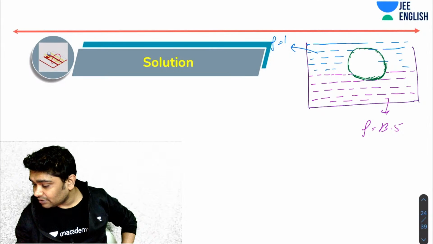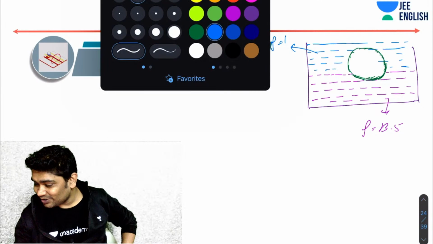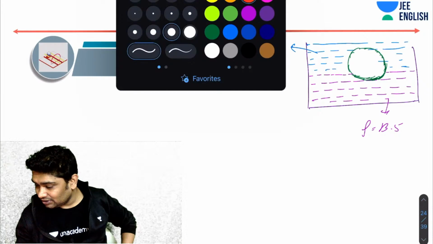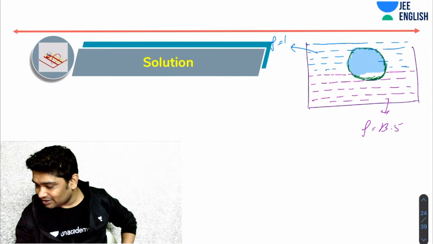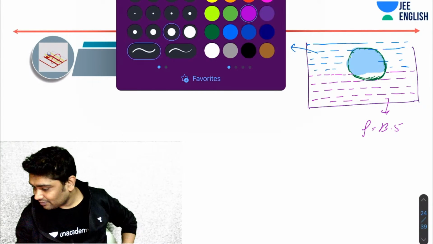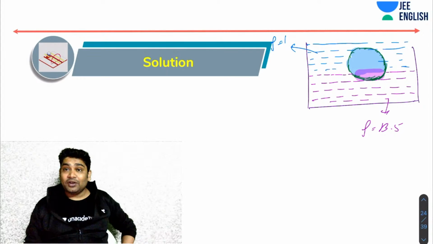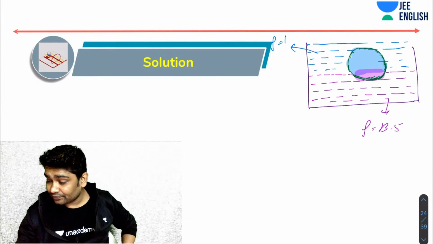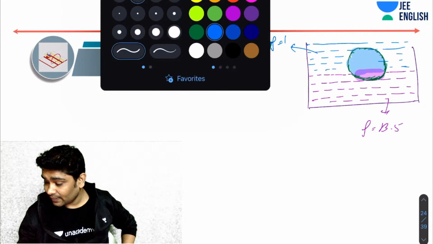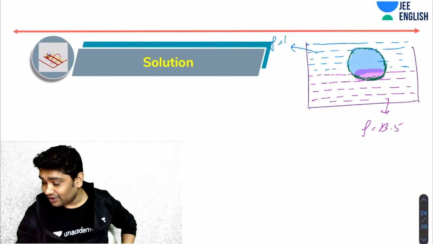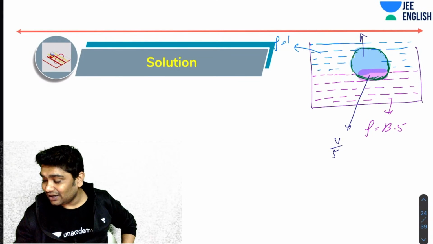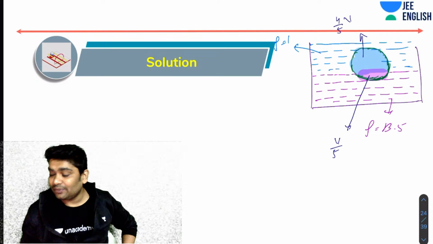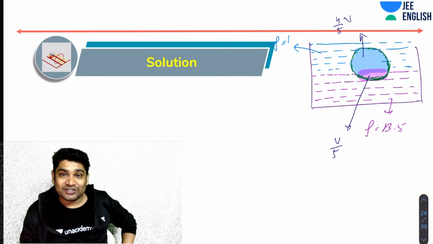That is the situation that has been given to you. So this is the part submerged in water, and then you have a part submerged in mercury. If the total volume is V, then this part has a volume of V by 5, and this part has a volume of 4V by 5, where V is the total volume of the sphere.